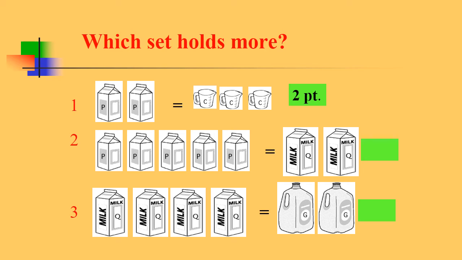What will be the most? Right, the 5 pints will be more than the quarts. Now, number three, we have 4 quarts and 2 gallons. Which one would be more? 2 gallons, because 4 quarts will only fill up 1 gallon.